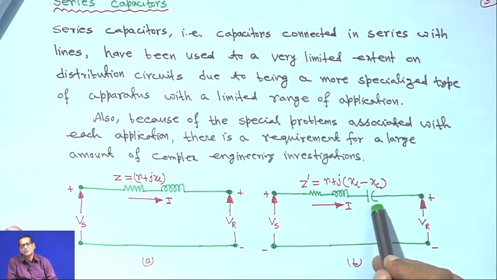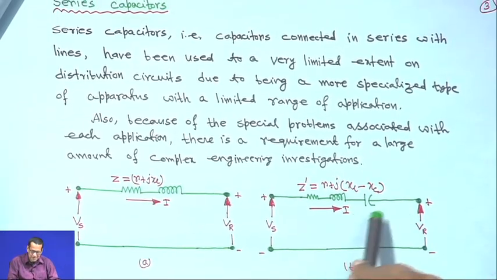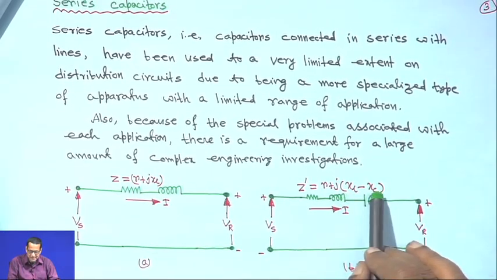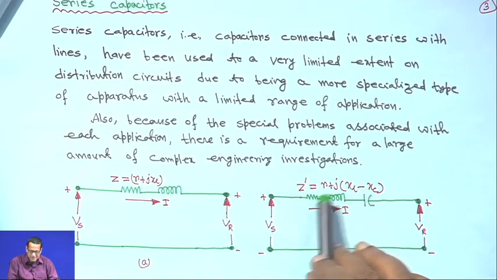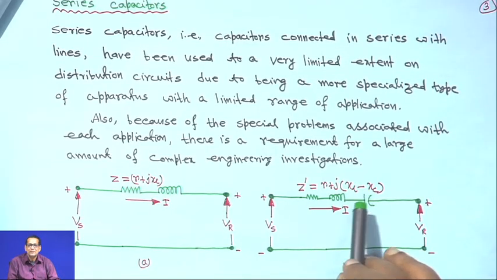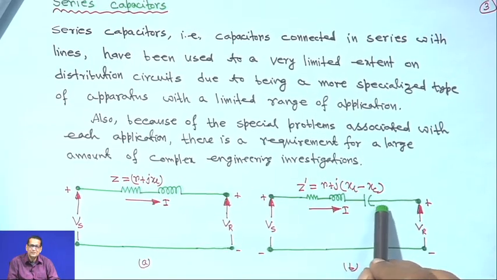In circuit theory, you have studied the series RLC circuit, and you have studied the resonance also. So, for example, if your Xc becomes XL, the reactive part will be 0, and at that time resonance will happen. But there are many other considerations.